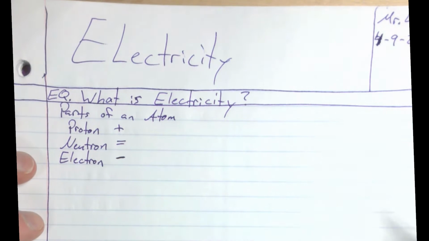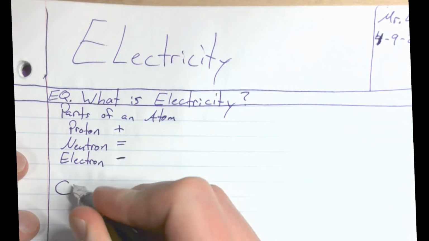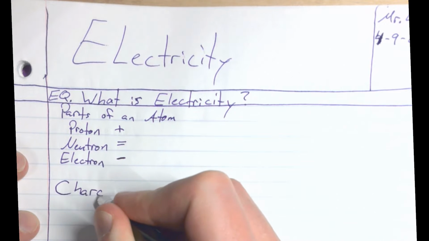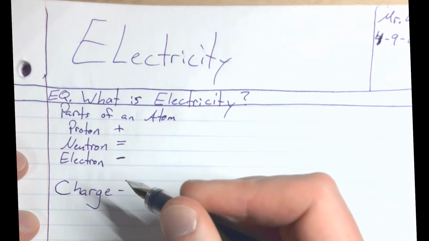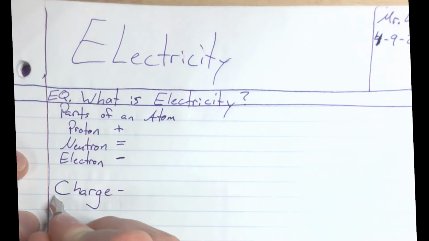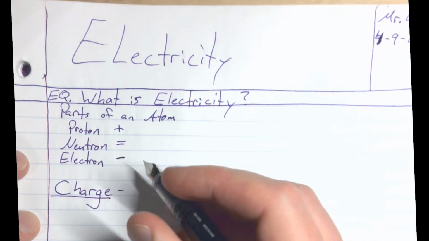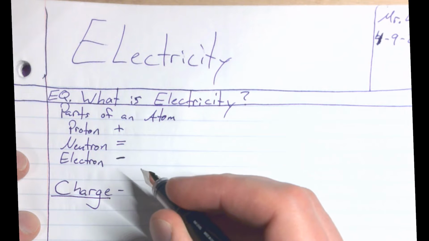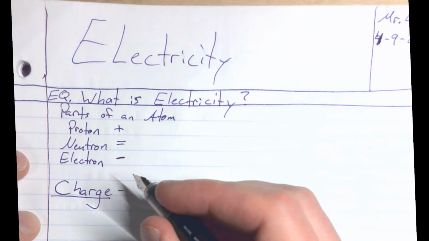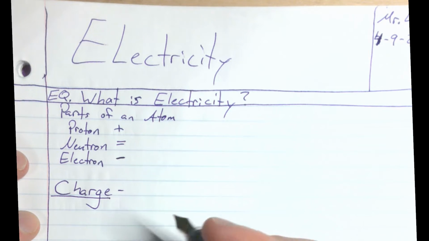So a charge is something important. So we got to make that one of our vocab words. A charge is dependent on electrons.